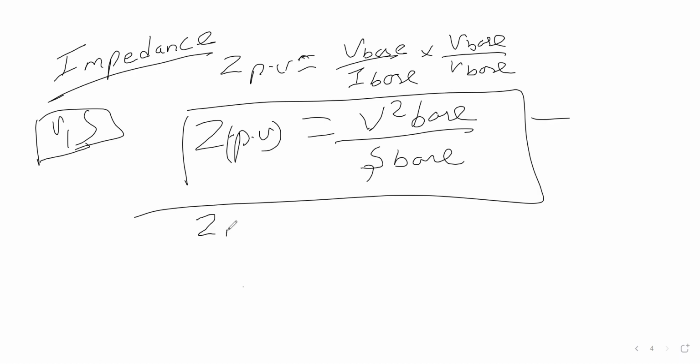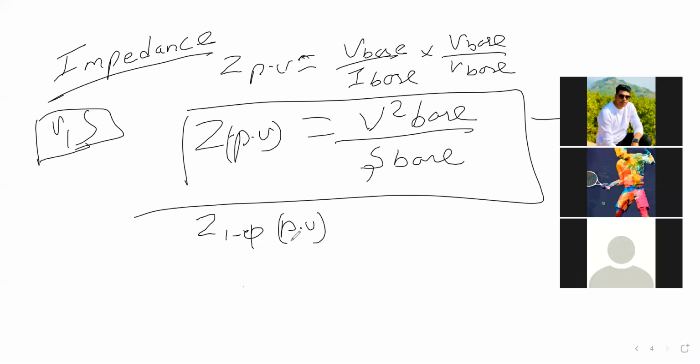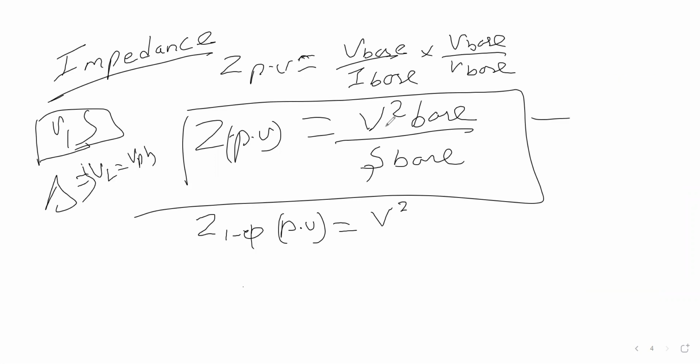If we consider this per unit, and as we know that in delta connection your VL is equal to VPH, if we assume this as VL and this as V phase, then this is the single phase base. We can write in both the manners.